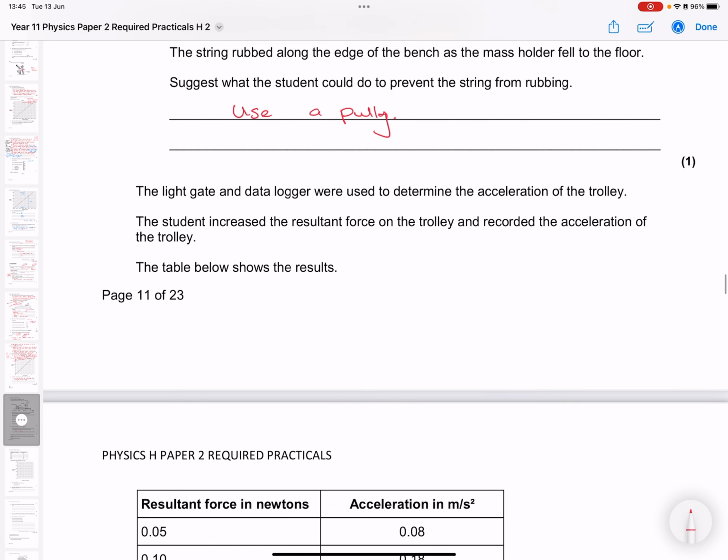The light gate and the data logger were used to determine the acceleration of the trolley. The student increased the resultant force on the trolley and recorded the acceleration of the trolley.